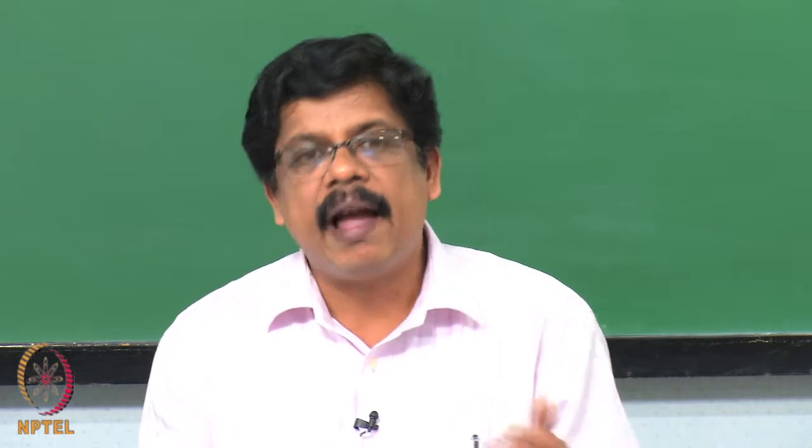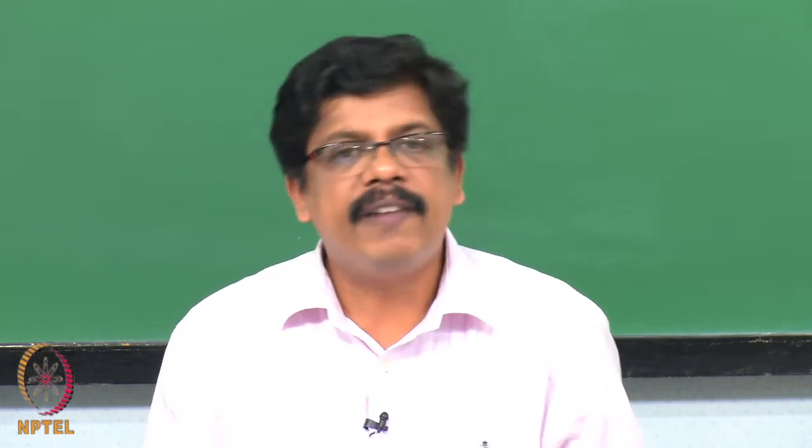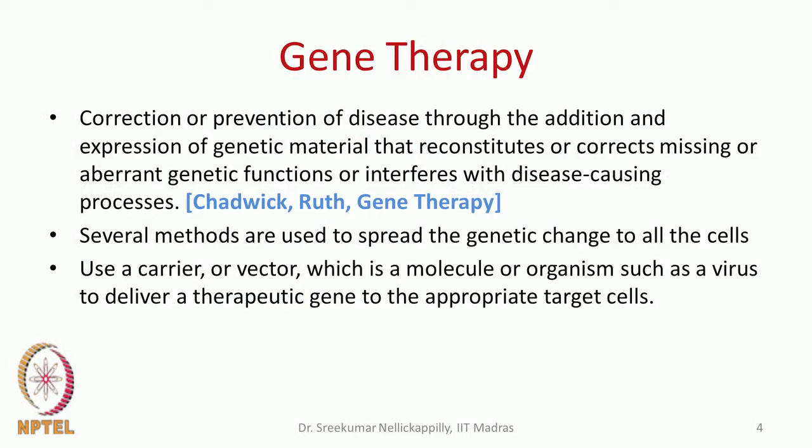Several methods are used to spread the genetic change to the cells, because it is very difficult to change all the cells, taking them one by one. Scientists cannot do that. So, what they normally do is use a carrier, a vector, which is a molecule or an organism such as a virus, to deliver a therapeutic gene to the appropriate target cell.